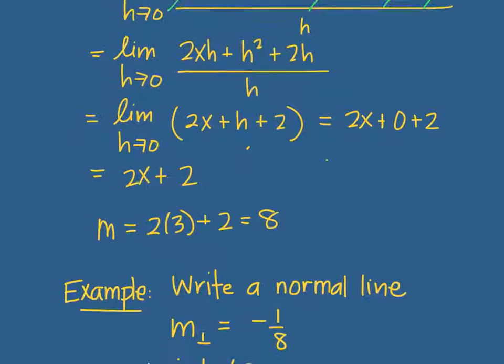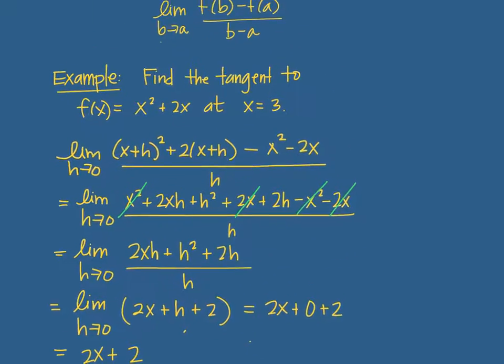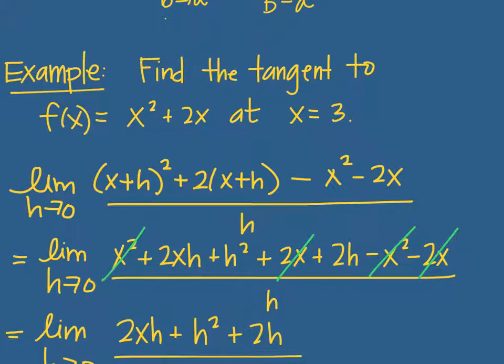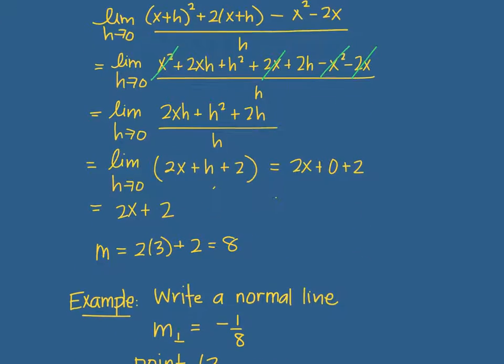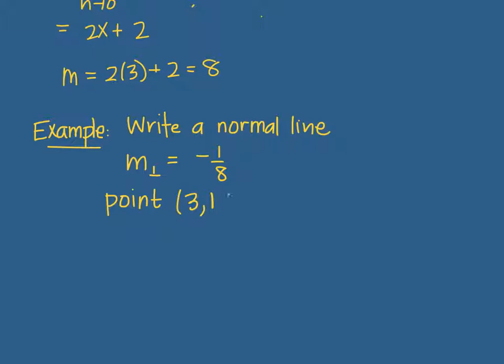Let's look back at the original function because I'm just continuing. What's the value of y when x is 3 in this function? 15, okay? So we want the point (3, 15). So the normal line would be y minus 15, the perpendicular normal slope of negative 1/8, and x minus 3.